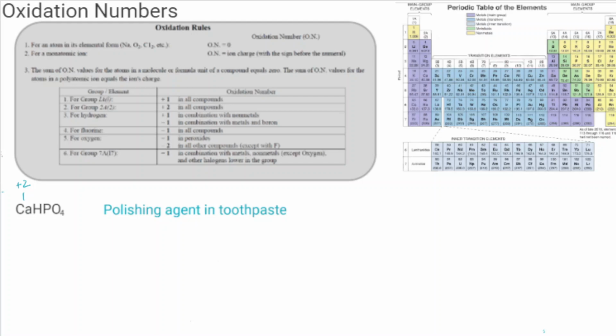And so we can go ahead and break this down. We can say that we have oxygens with an oxidation number of -2. But if we pull this aside, we have PO4 3-. That's the charge of the phosphate ion.